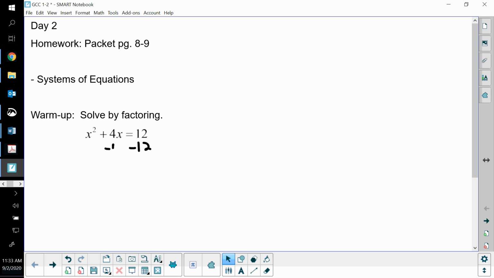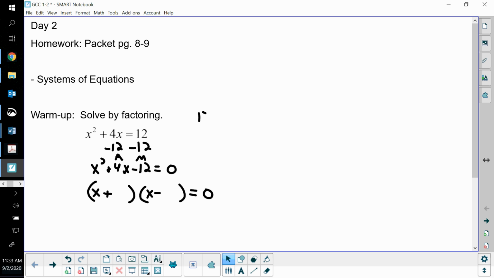So we'll subtract the 12 on both sides to get it equal to 0. We want to think about what adds to 4 and multiplies to negative 12. If we want to multiply to a negative, we know it's got to be 1 positive and 1 negative. And because it's adding to a positive 4, the bigger of those two has to be positive.